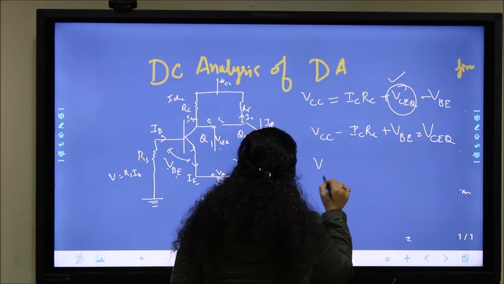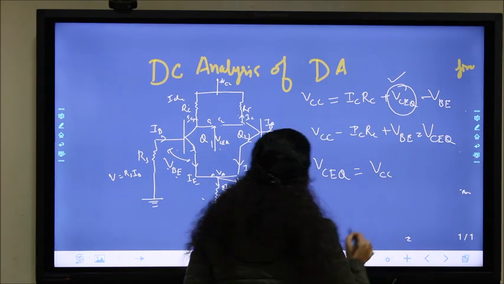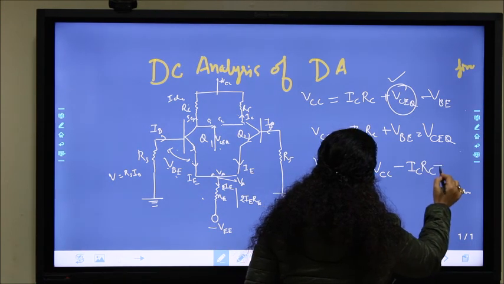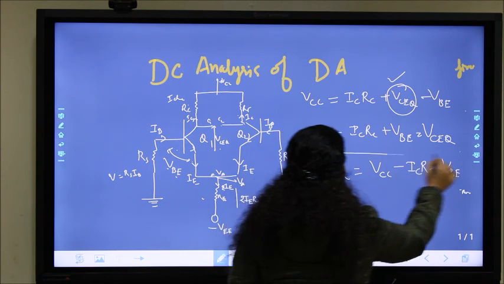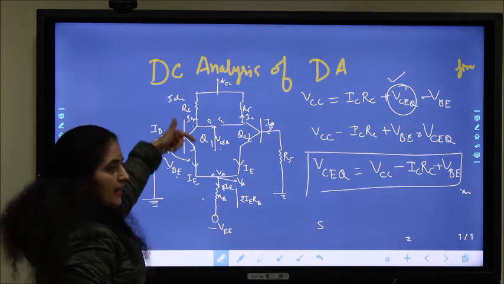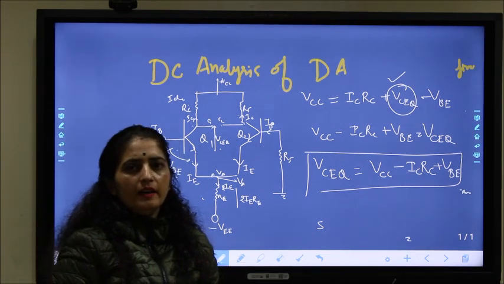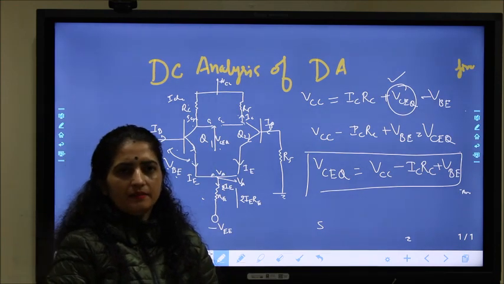That is, VCEQ is equal to VCC minus IC RC plus VBE. This is the voltage drop between collector and emitter. So this is about your DC analysis of differential amplifier. Thank you.